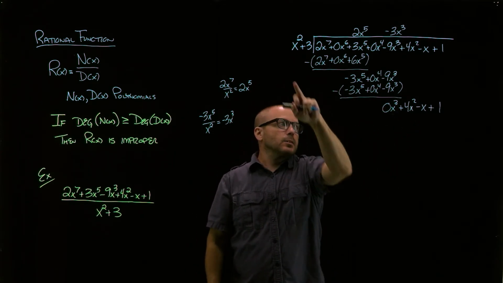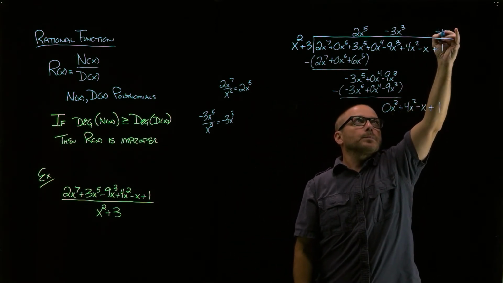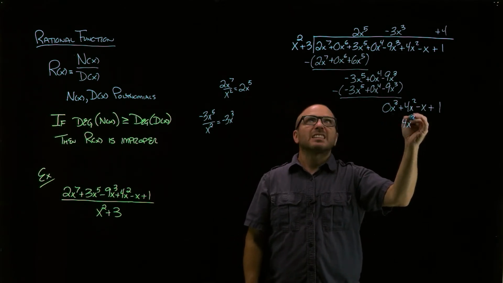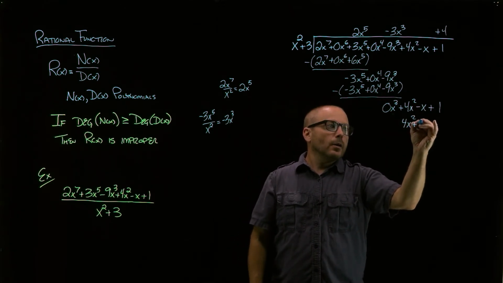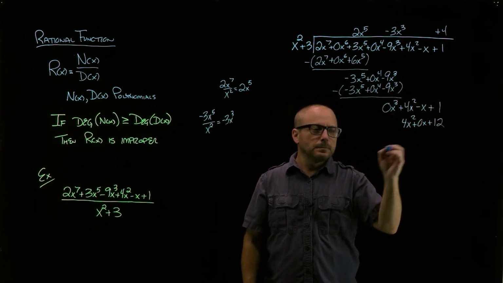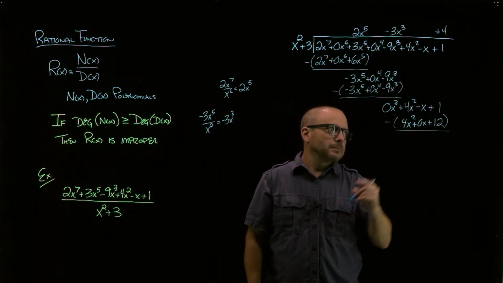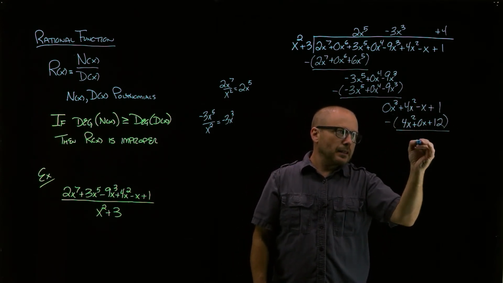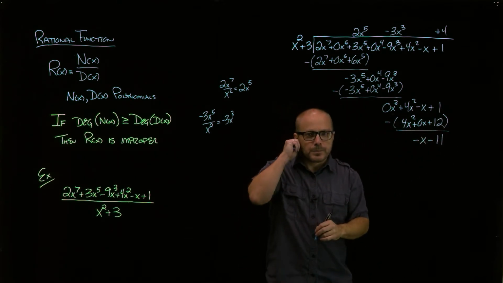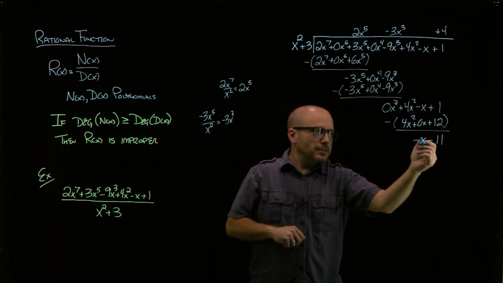I'm trying to get x squared to go into 4x squared. That goes in 4 times. And no x's, plus 12. Subtract. Negative x minus nothing is negative x. 1 minus 12 is negative 11. So what's our result here? This is of lesser degree, so we're done.